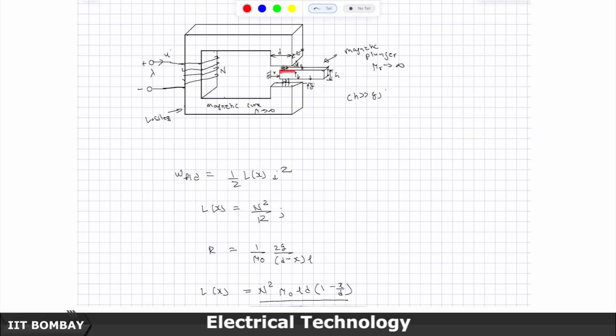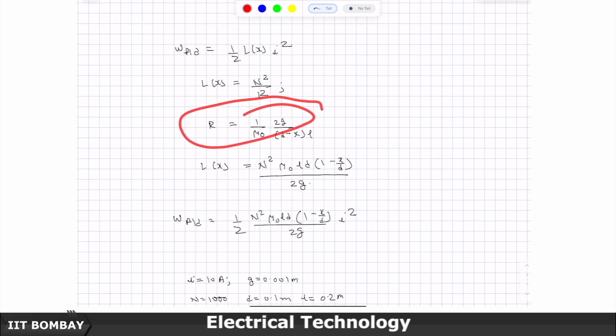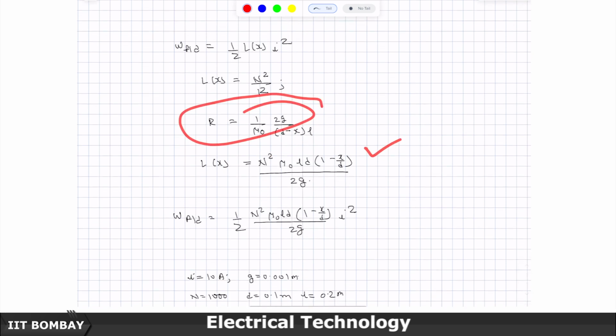So, this overlap distance is d minus x and the depth is L. So, the area of cross section which is seen by the flux, if the flux is going like this, is d minus x times L. This is the reluctance, and I substitute it in N square over reluctance here.